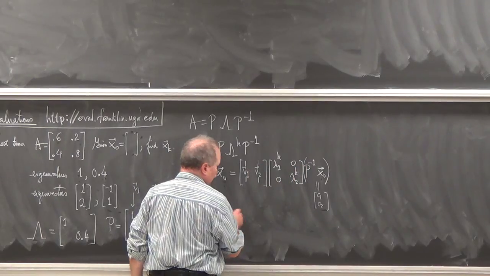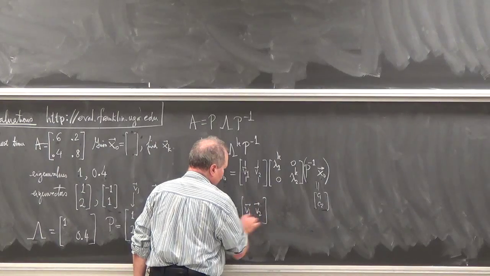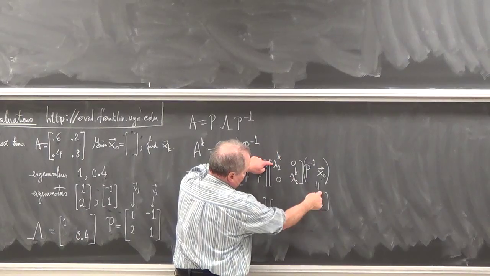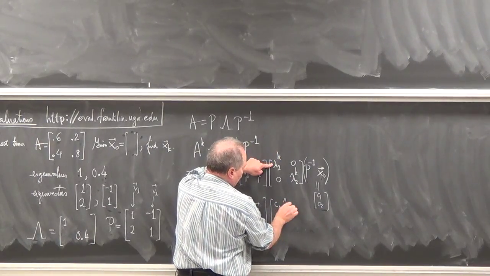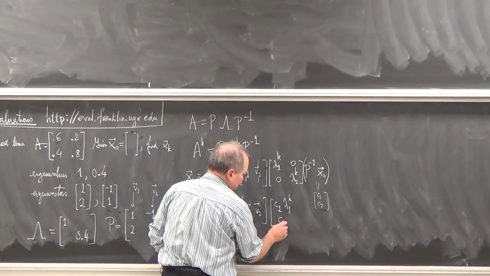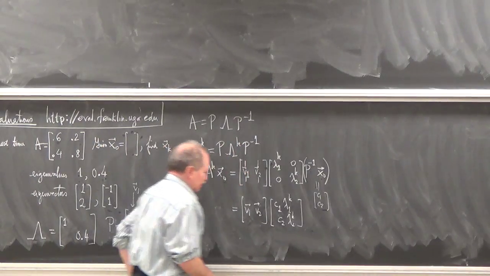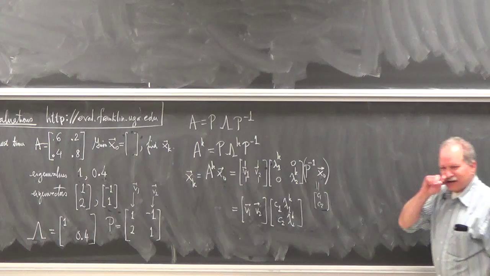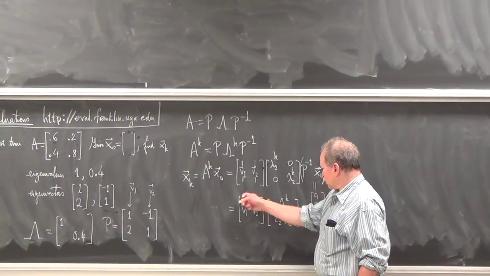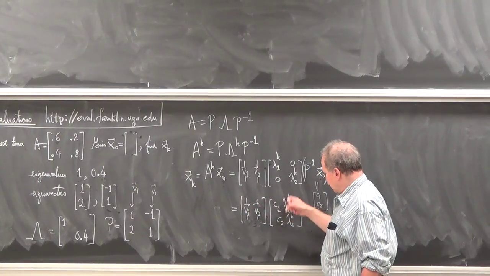What does this look like when I multiply it out? Well, when I multiply this diagonal matrix times this vector of constants, I'm going to get C1 times the first eigenvalue to the k, and C2 times the second eigenvalue to the k. Now, recall from week 3 of the fall, or maybe it was week 2, multiply a matrix, think of it in terms of columns, times a vector.